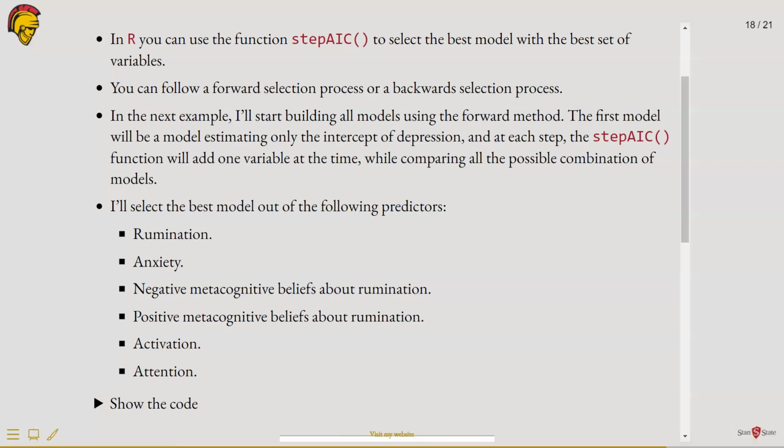The other variable, the other predictor for depression, is activation. Activation is about how aroused I am sometimes. And by aroused, I mean the activation of your nervous system, which is related to anxiety, right?